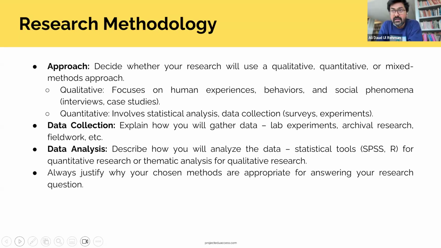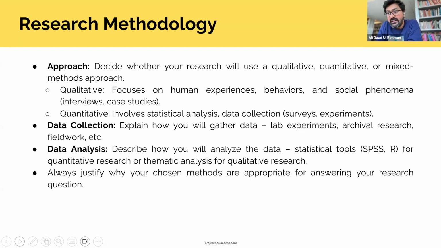research has a smaller set of data, but it focuses more closely on human experiences, behavior, and social phenomena. Examples of qualitative research can be interviews or case studies, or if you're doing history and dealing with papers or documents, then it would include a smaller set of documents, but you'll go into much more detail.